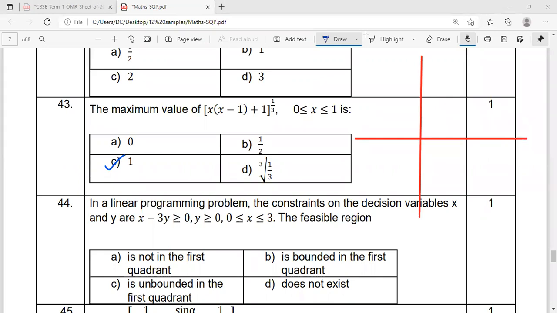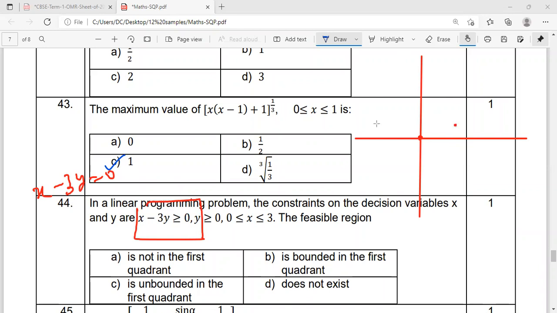In the first quadrant, and x minus 3y is greater than 0. If you'd like to draw the graph for this function, x is equal to 3y, x minus 3y equal to 0. So if x is 0, y is 0. If y is 1, then x is 3.